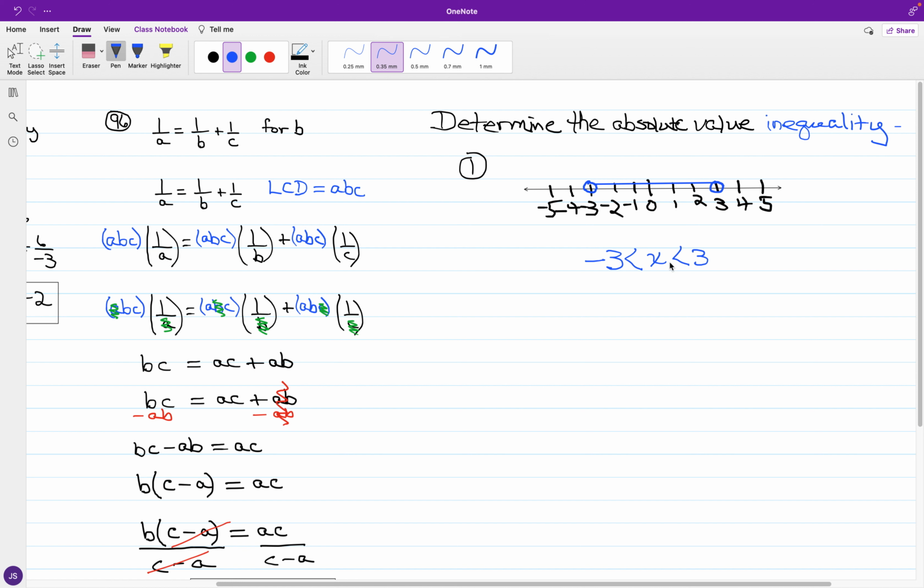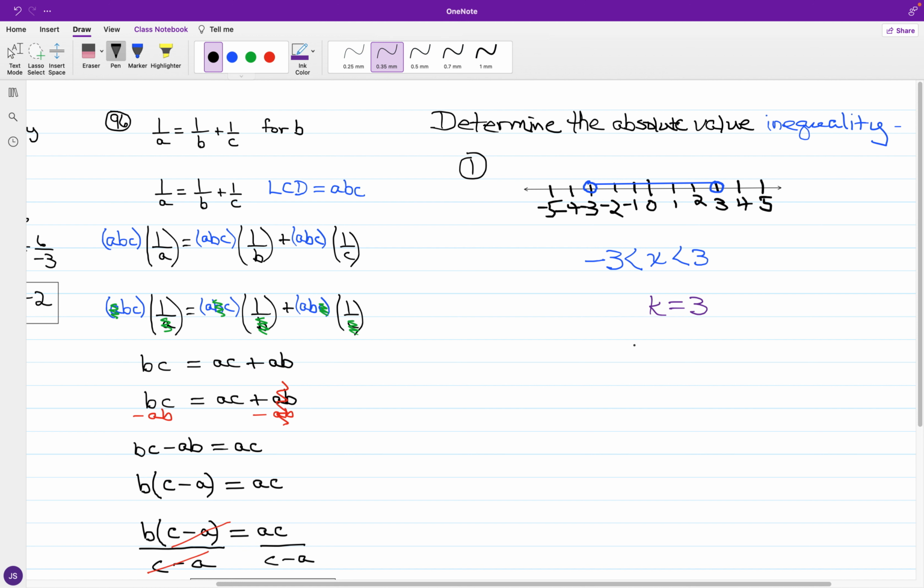And so you have a balance in terms of the absolute values of the negative and positive terms involved. So you're going to have your k value equal to 3.